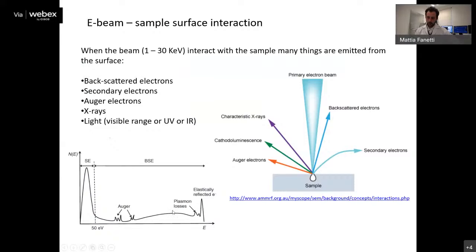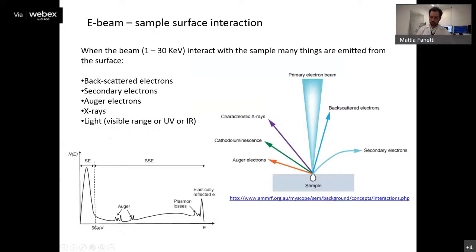Then, of course, I have backscattered electrons in a wide range of energies, because some of them lose some energy after the interaction. And then I have a big tail of secondary electrons. Typically, the secondary electrons are defined as between 0 and 50 eV.